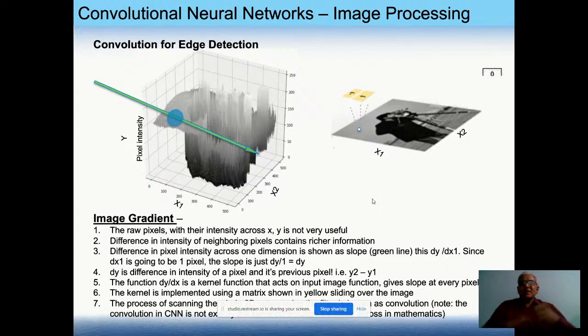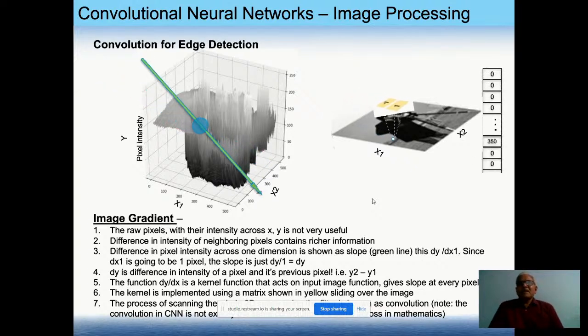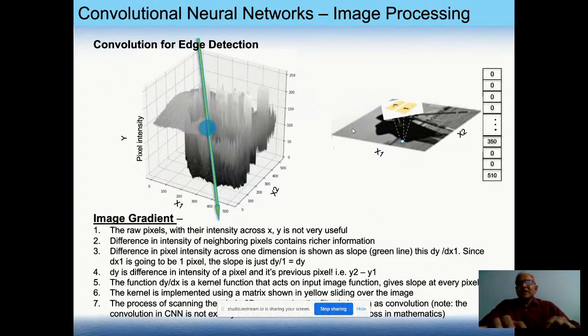The filter scans the image, and wherever the pixel intensities of two neighboring pixels are not too different from each other, the result of this convolution will be very close to 0. Wherever the pixel intensities of two neighboring pixels change abruptly, suddenly, the magnitude of the difference will be a very large number.